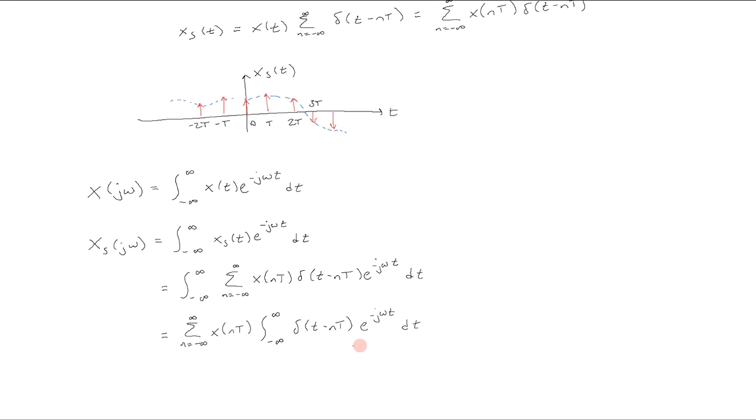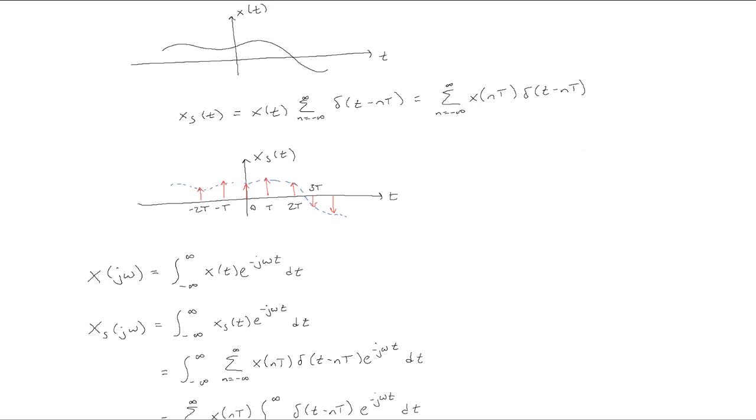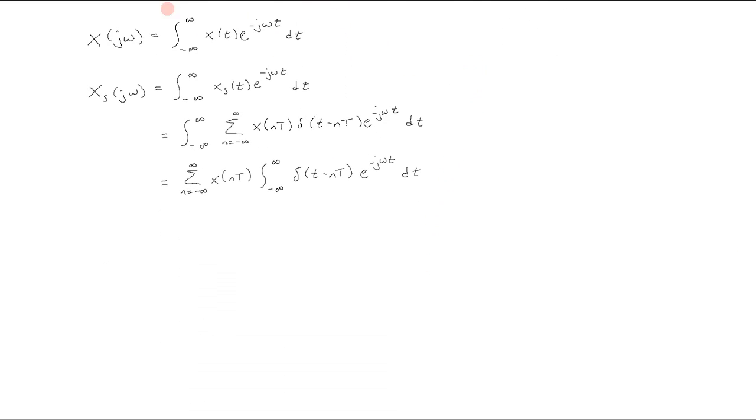Using the same kind of properties that we used before when we showed that we can write this function up here as this one, basically that it's just deltas scaled by the appropriate function value, we can do the same exact thing down here.